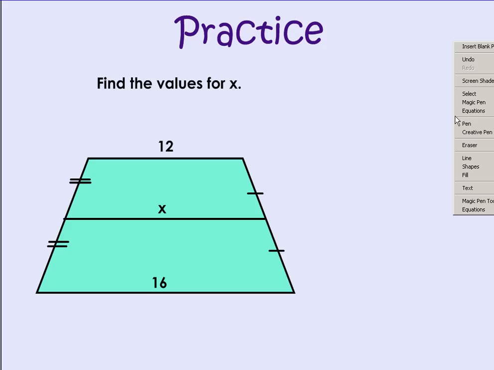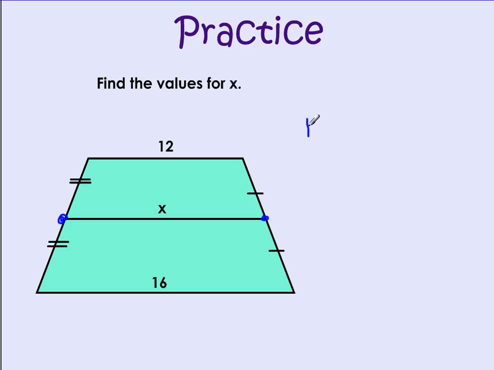So here we have a practice problem, and we are told that this top base is 12, the other base is 16, and we need to find out what x is equal to. Well, x is our mid-segment, and we can see that because its endpoints are the midpoints of the legs of the trapezoid. So the way we find our mid-segment is we know that it's going to be 1/2 of the sum of the bases.